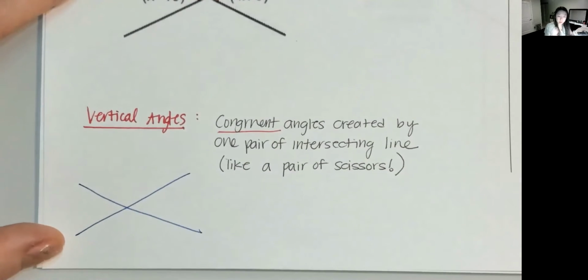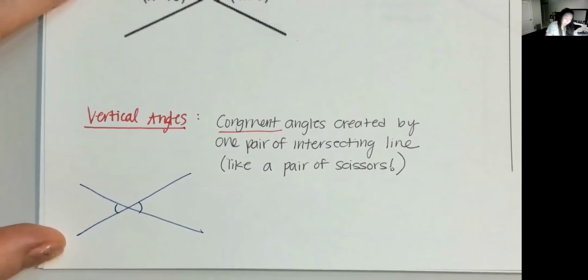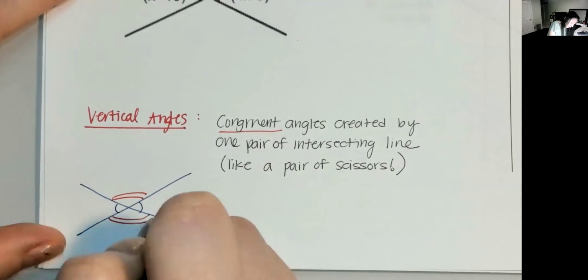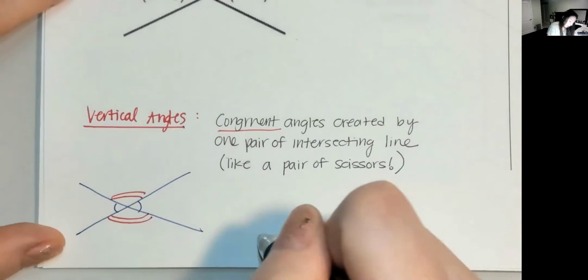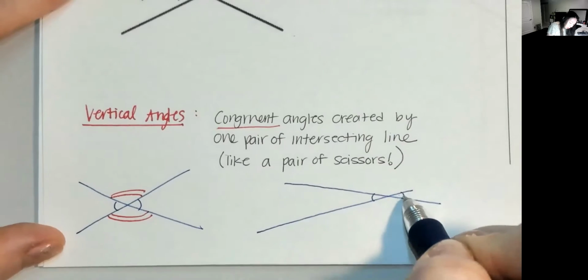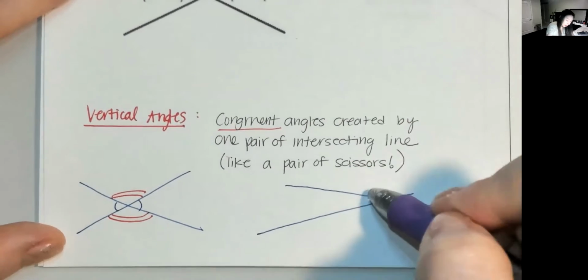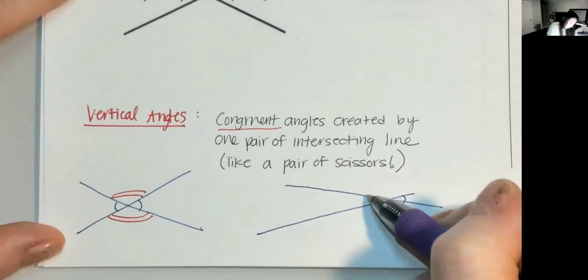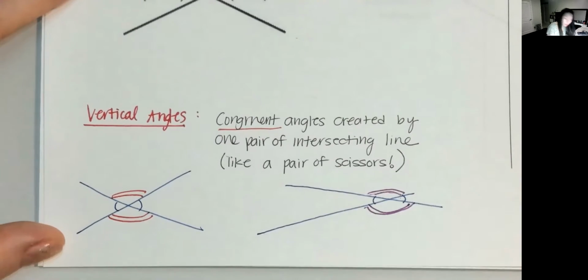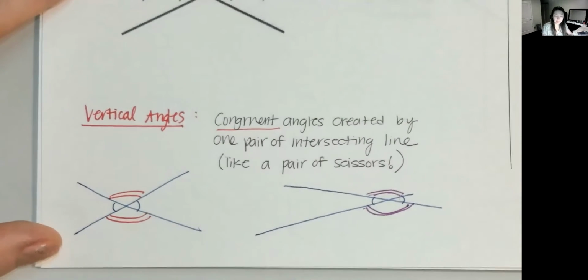Pair of scissors, two lines crossing. These two are vertical angles, and these two are also vertical angles, right? Even something that looks like this. These two are vertical angles, they're congruent. And these two over here at the top are also congruent. They're all vertical angles, okay?